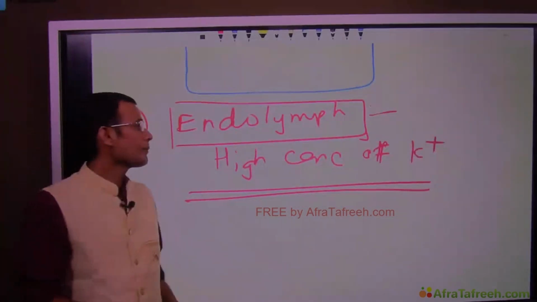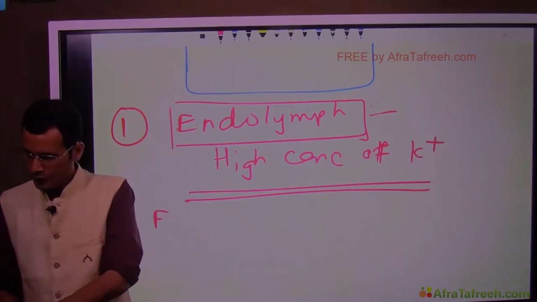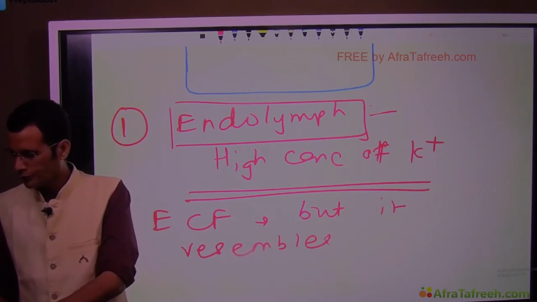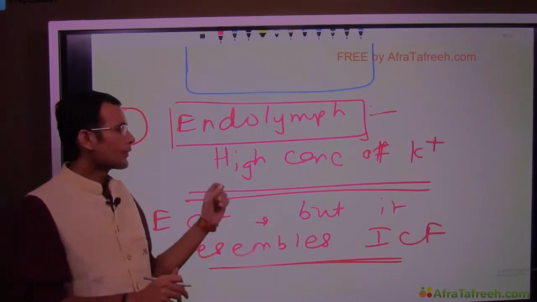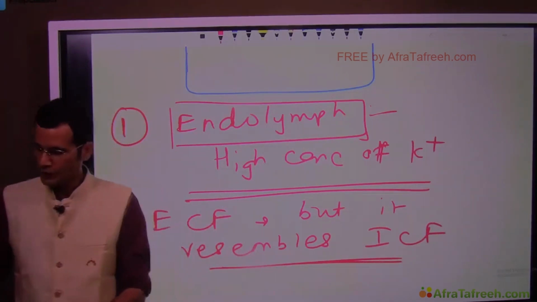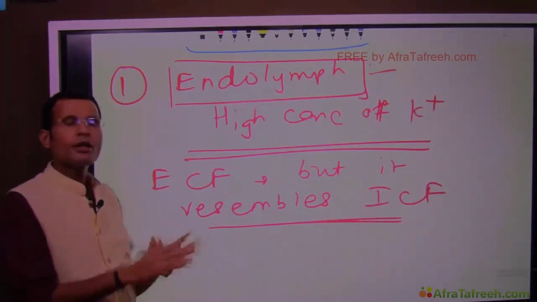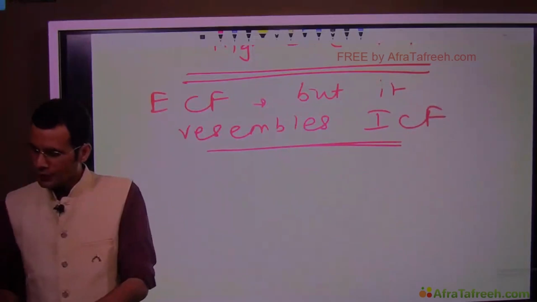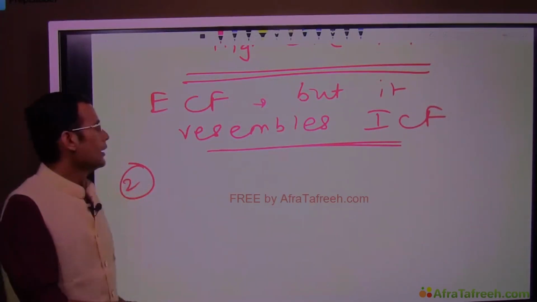In this sense, endolymph, although it is ECF, resembles the intracellular fluid in the sense that it has a high concentration of potassium. Since it is an exception, I thought I'll just mention it at this particular point, and since already MCQs have been asked on this. Okay, so that was the first point.